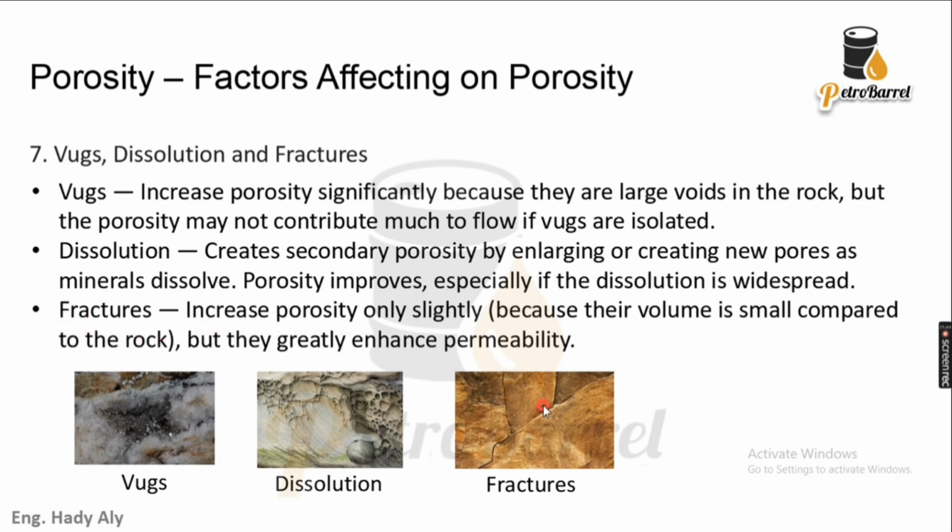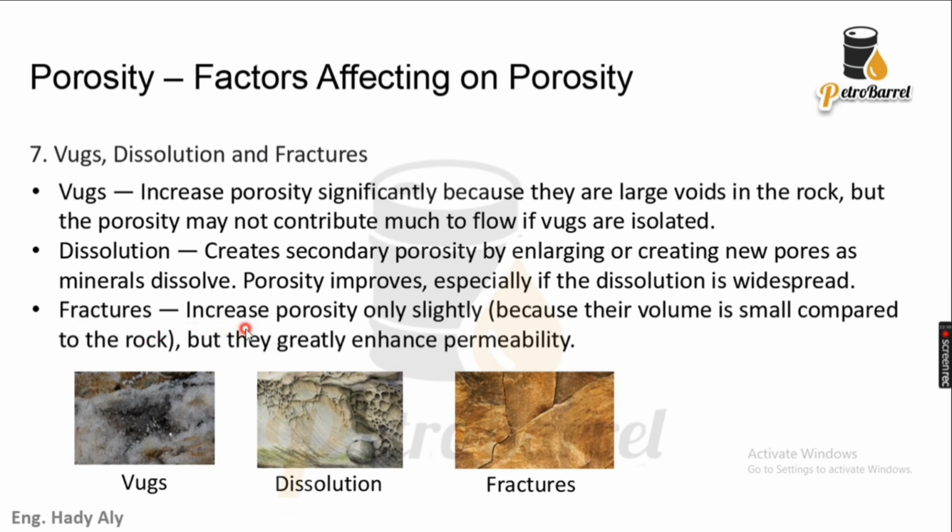Why? Because compared to the spreading of the dissolution or vugs, the fractures give me channels. So these channels, or this path, enhance the permeability or the fluid flow, but they don't give me high porosity, to be honest, just a slight increase in the pore spaces volume.